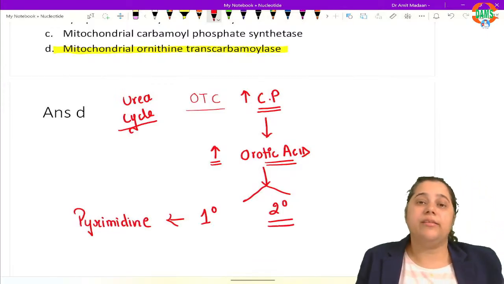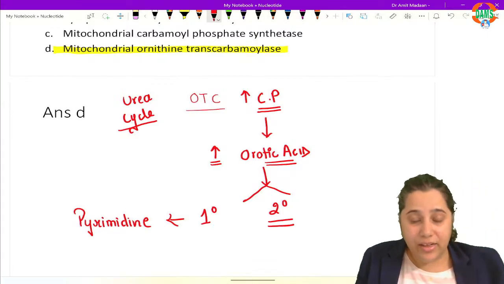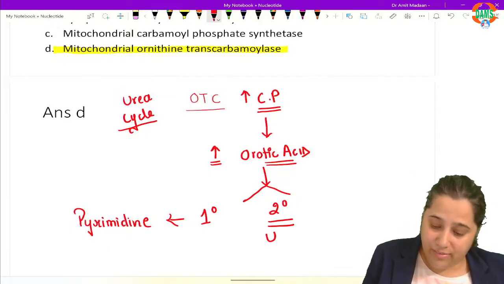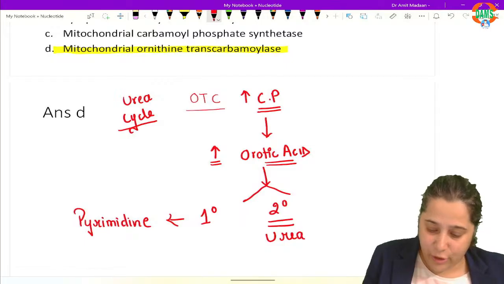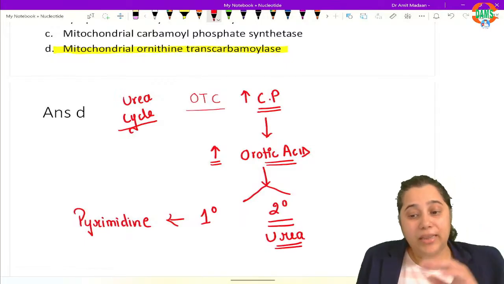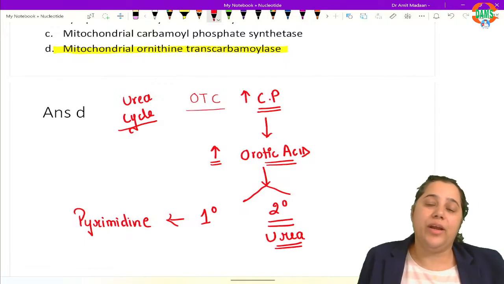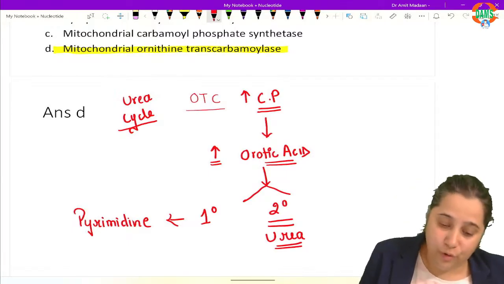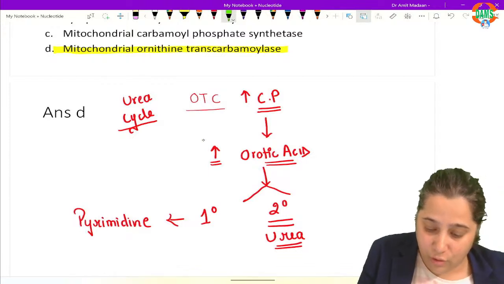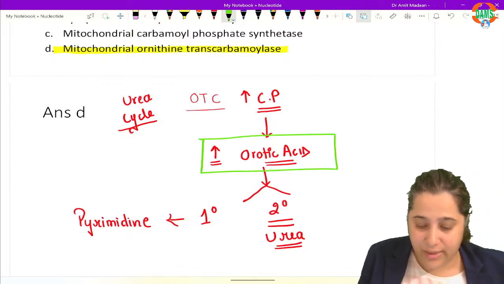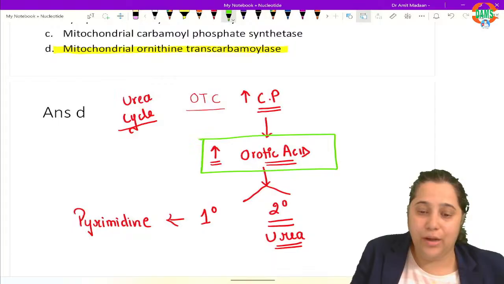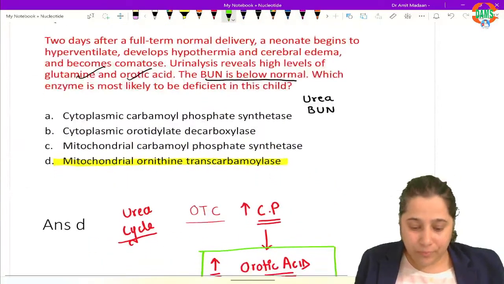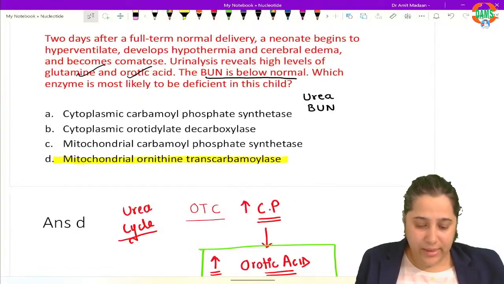Secondary orotic aciduria means it is a defect in some other cycle. Here, for example, it is the defect in the urea cycle, but that has produced a high concentration of orotic acid. So this orotic aciduria mentioned in the given question is secondary orotic aciduria. So the answer is D.